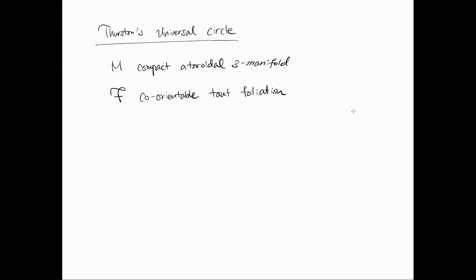The setup is a three-manifold that is compact and atoroidal, where atoroidal here means it doesn't have any embedded torus whose pi1 injects. And F here is a co-orientable taut foliation.